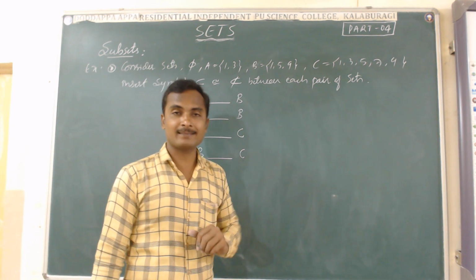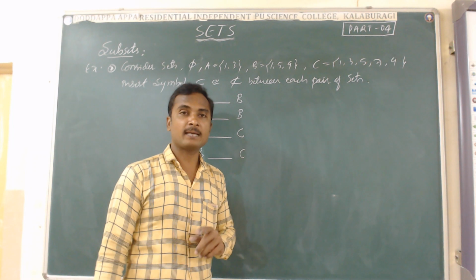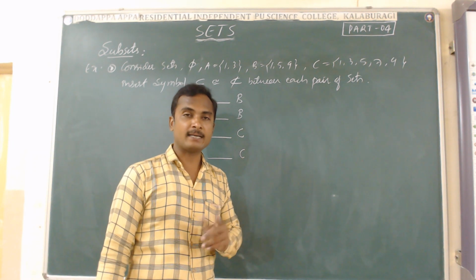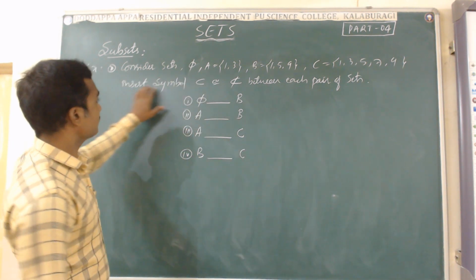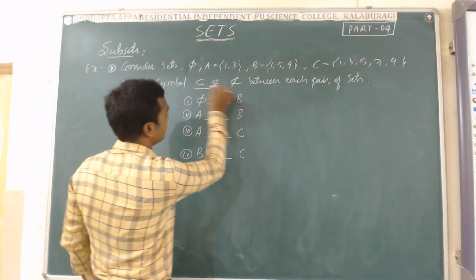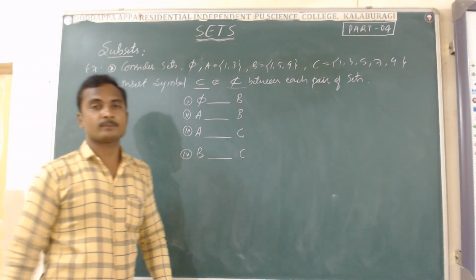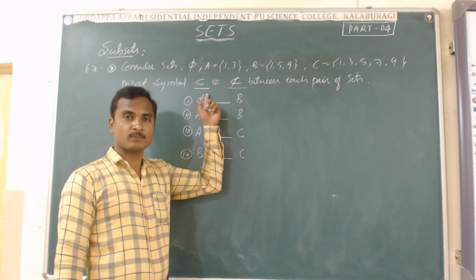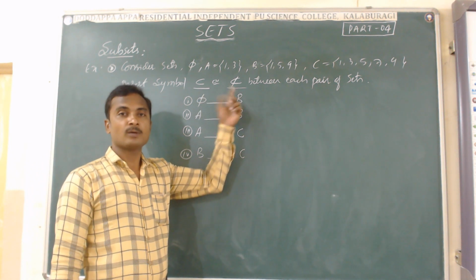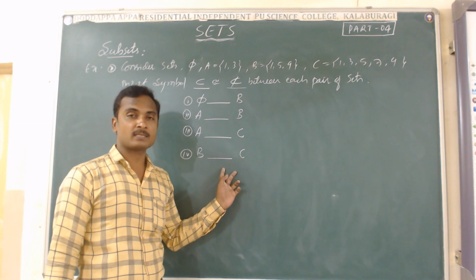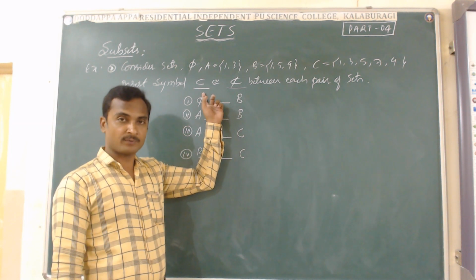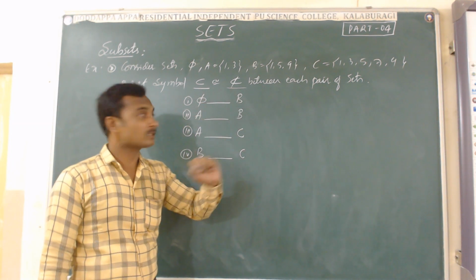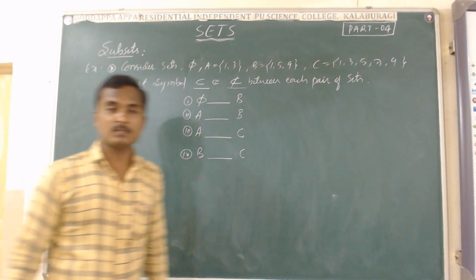Using these four sets, let us insert the symbol, subset or not subset, between each pair of the sets, to see whether they are subsets of each other or not.